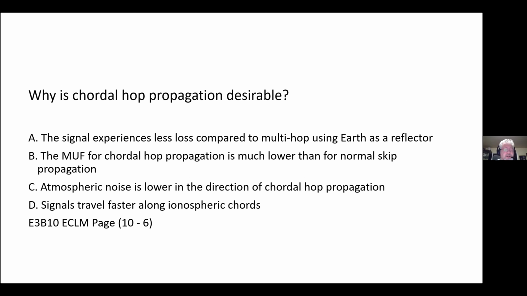C, atmospheric noise is lower in the direction of the chordal hop propagation. Or D, signals travel faster along ionospheric chords. Alpha. Alpha is correct. The signal experiences less loss compared to multi-hop using Earth as a reflector. Chordal hop, wow.